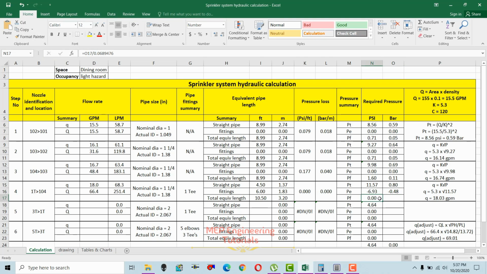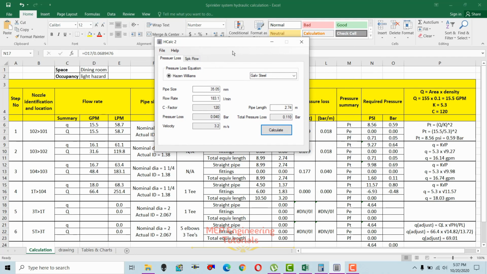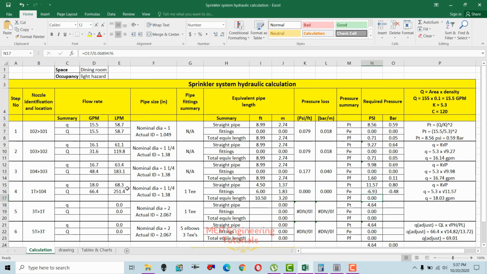So now we will calculate the last one, that is PF, using this hydraulic calculator. You can see the size is again 1 1/4 inch, that is 35.05 mm, and the flow rate is 251.4, and the total equivalent length is 10.5 feet or 3.2 meters.